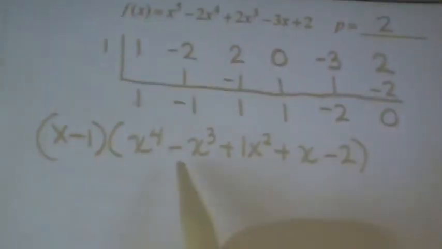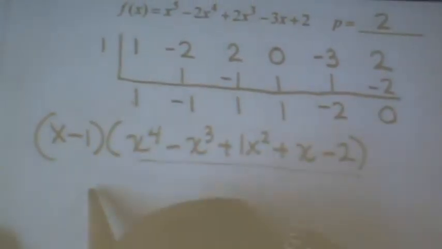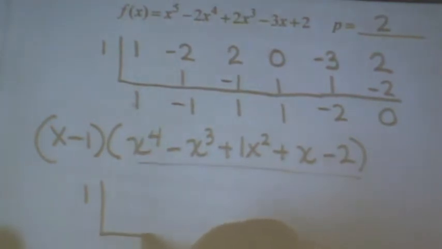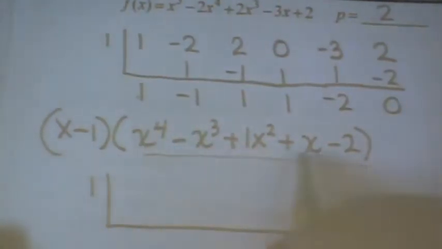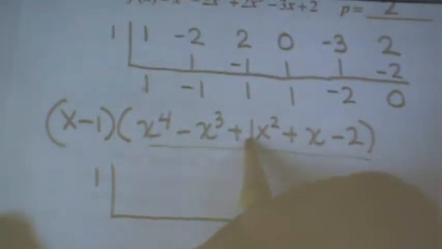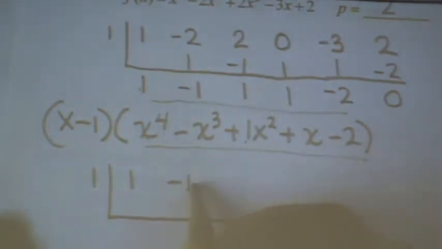There's 4 possible zeros in here. I'm going to try 1 again. Let's see if 1 works again. Now we use these numbers. Don't go back to the original. Use 1, -1, 1, 1, and -2.